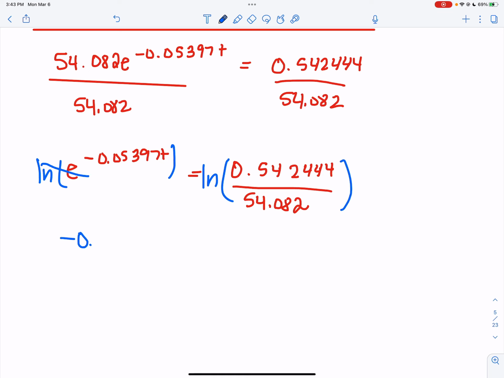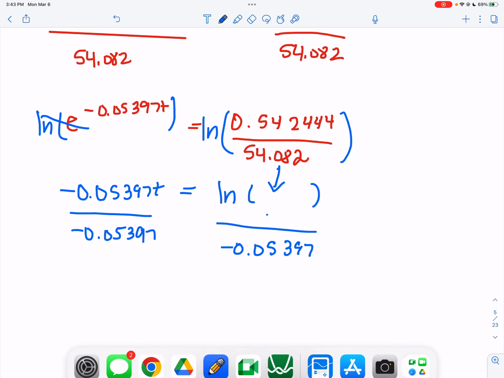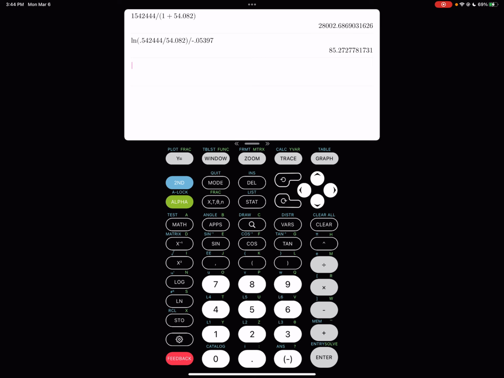Now I'm left with negative 0.05397t is equal to ln of that lovely thing right here. I'm going to divide by negative 0.05397 on both sides. And if you were to do that, you should get our lovely answer of 85.2727. Whew, that was a lot. I know, crazy.